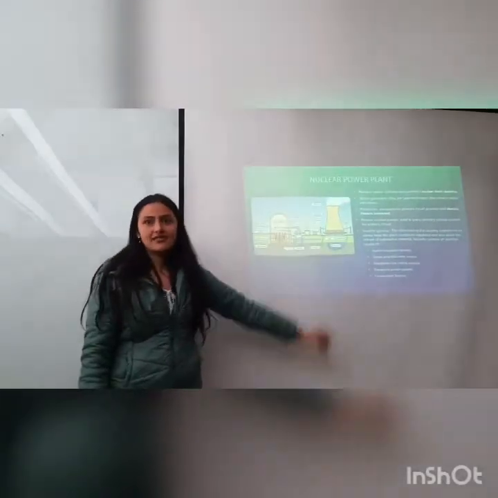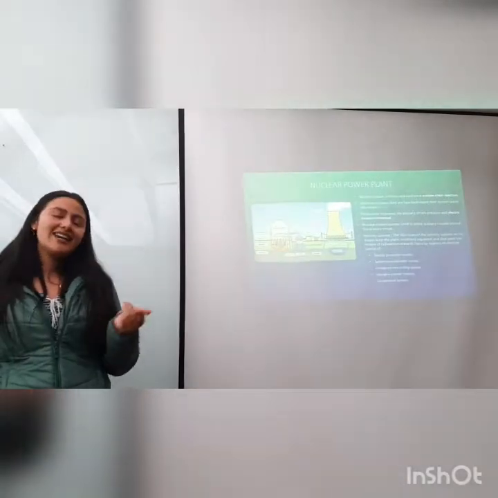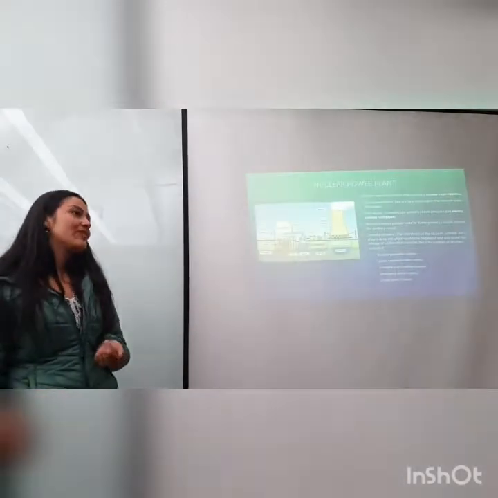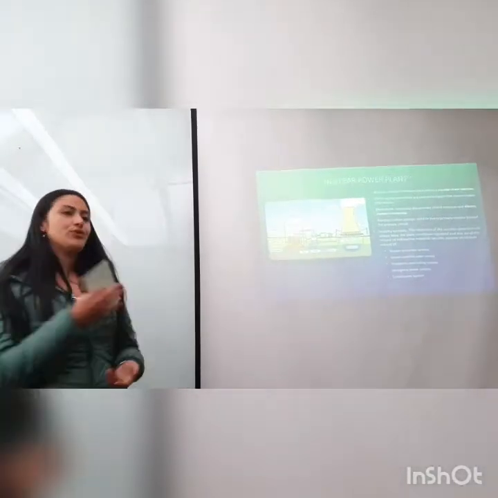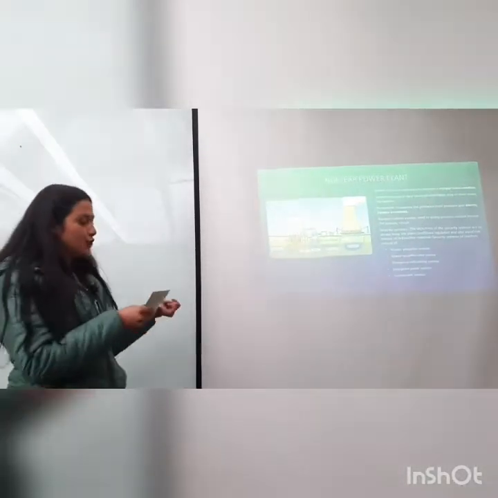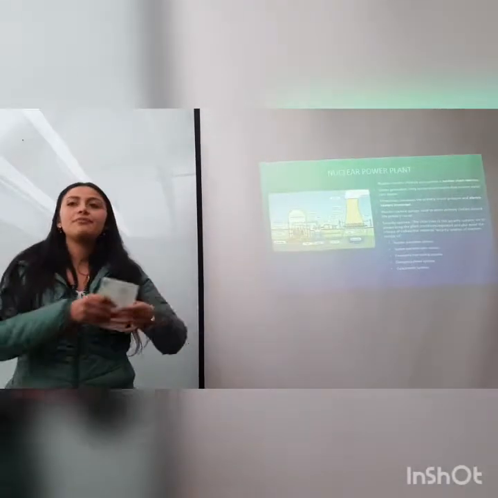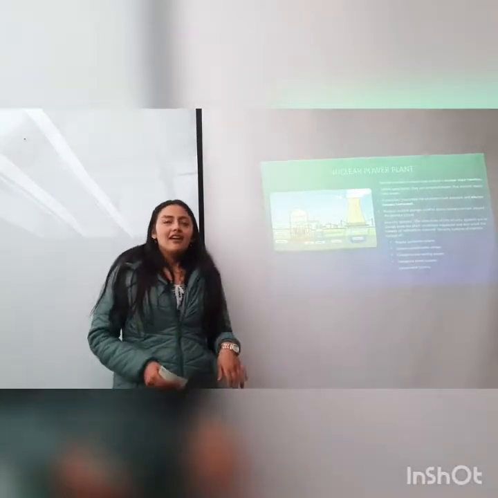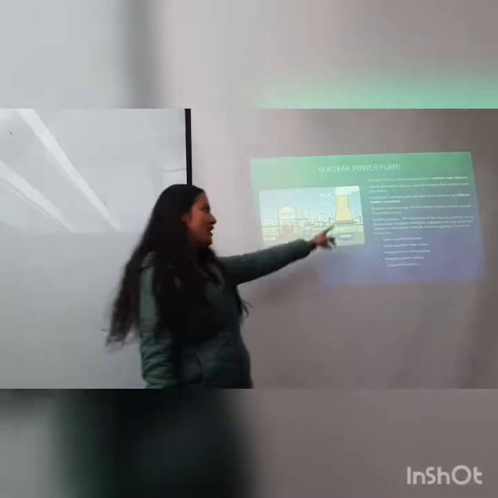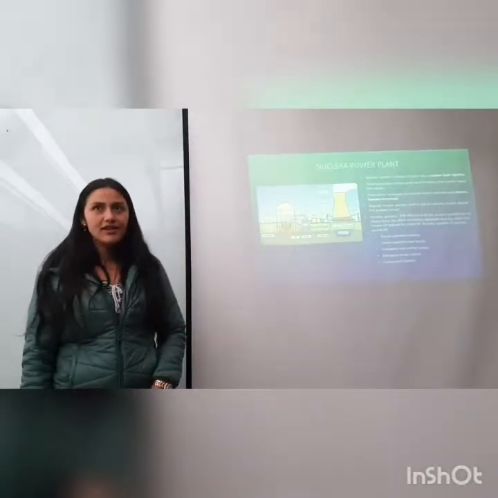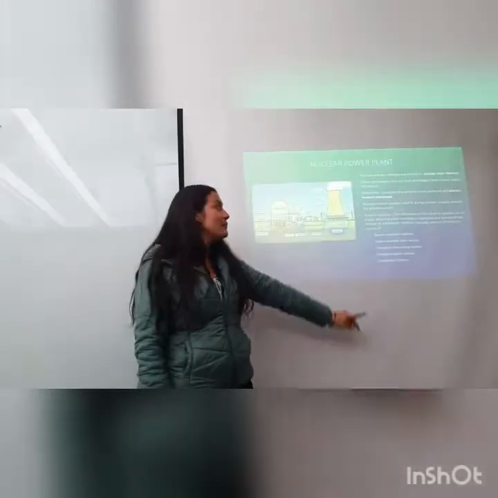The second part is the steam generator. The steam generator is a heat exchanger, and its purpose is to convert feed water to steam. It uses the pressurized water reactor between primary and secondary circuits, and continues to the pressurizer. The pressure in the primary circuit is maintained by the pressurizer.